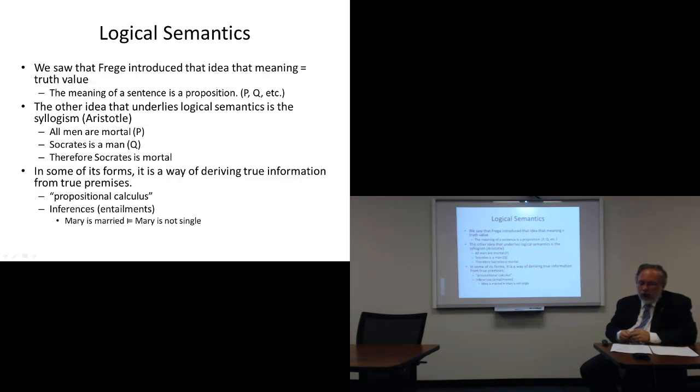So you would say something like, all men are mortal, that's P. And then Socrates is a man, Q, that's your proposition. These are two propositions. So the idea is that the meaning of the sentence is the proposition, okay? And you don't really analyze it. You're just checking whether it's true or false, okay?